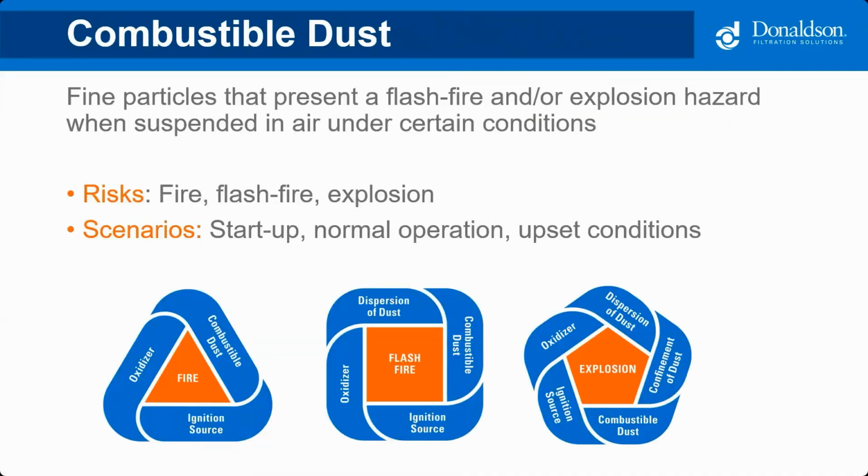So we'll touch briefly on combustible dust. Pharmaceutical dust, as I mentioned, is commonly combustible, and that means that there's a risk of a fire, flash fire, or an explosion. If we look at the fire triangle there on the left-hand side at the bottom of the screen, to create a fire, you need three things. You've got to have an oxidizer, typically oxygen, combustible dust as fuel, and an ignition source.